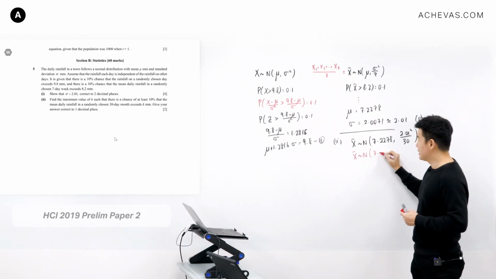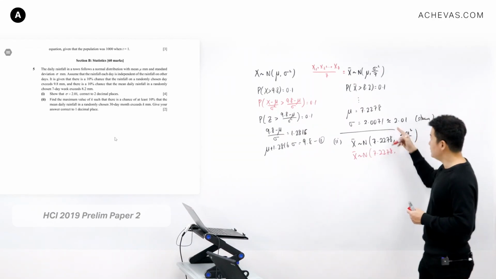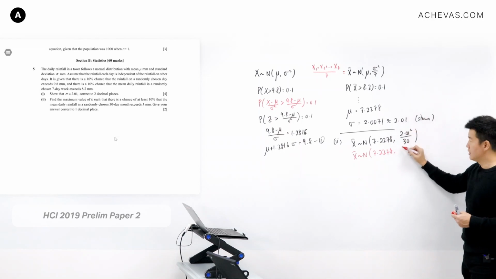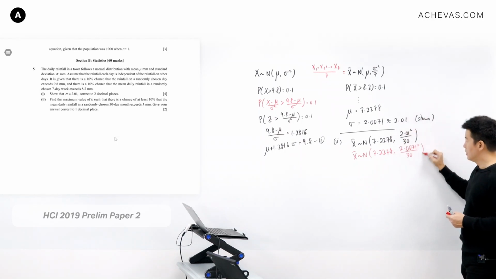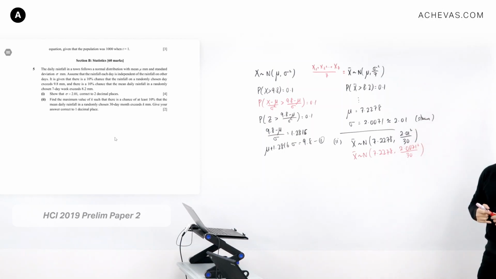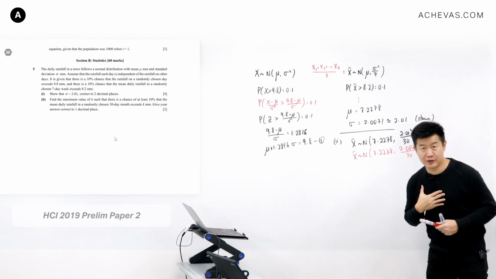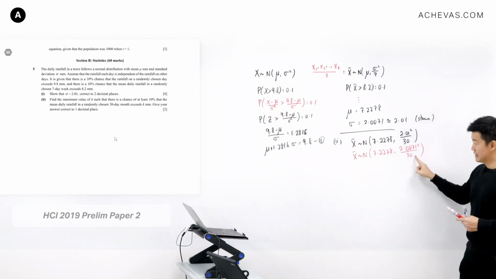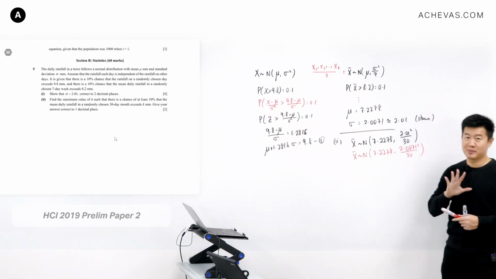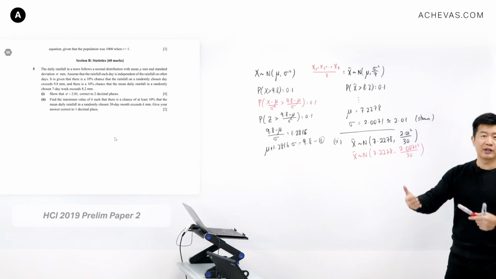So for this particular kind of show question, where they give you one of the numbers, you can use either. My personal preference is to use this, just because I want more accuracy.